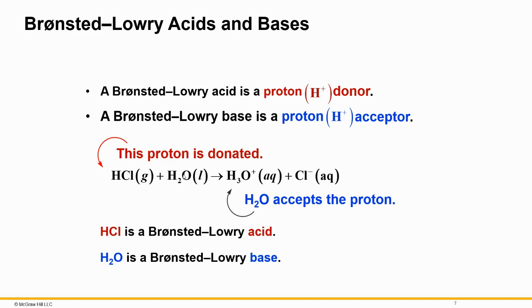That might be something that I would put on my note card for the test, just to make sure that I remember that. There's also an ALEKS topic just like this, where it'll highlight one of these and it'll say, is this one the acid or the base? Well, if it's giving away the hydrogen, it's the acid. If this one's highlighted, then it's the base, because it's getting the proton, the hydrogen.